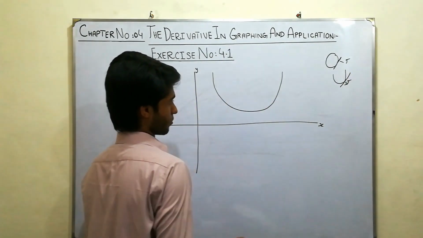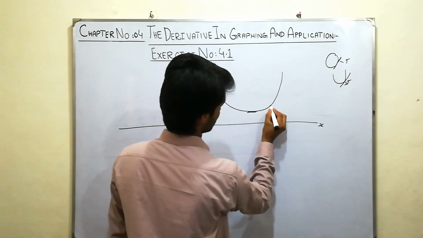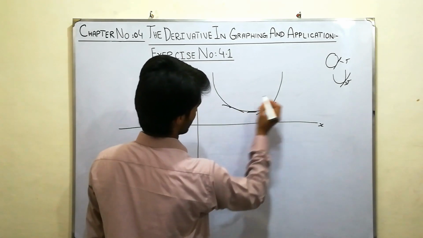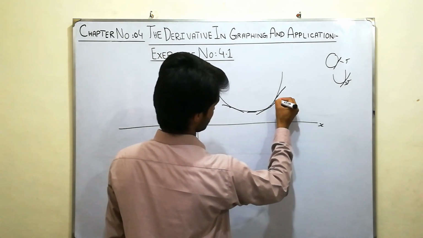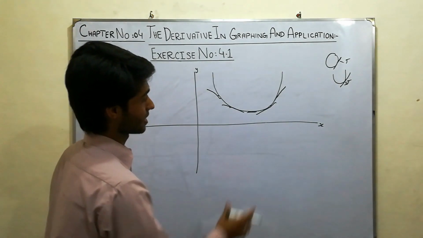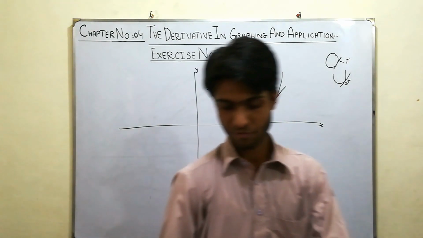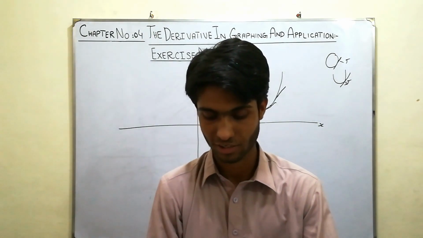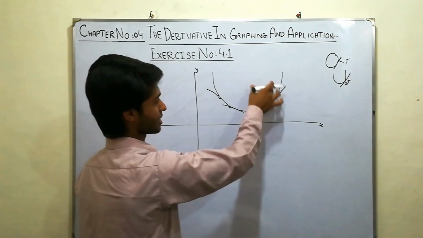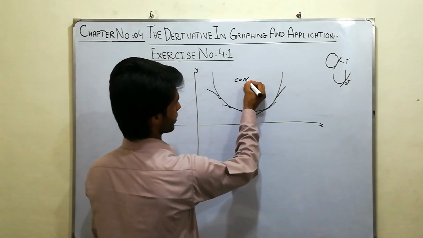Let's suppose we have tangent lines. You can see that the tangent line slope is increasing. The other point is that f is concave up on an interval if its graph lies above its tangent lines. You can see that this graph lies above the tangent line. So this is concave up.